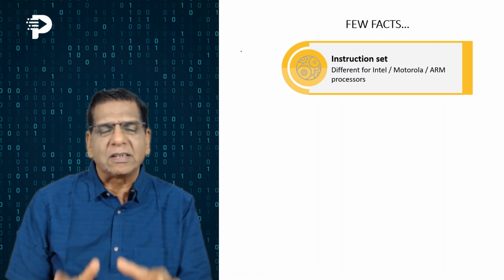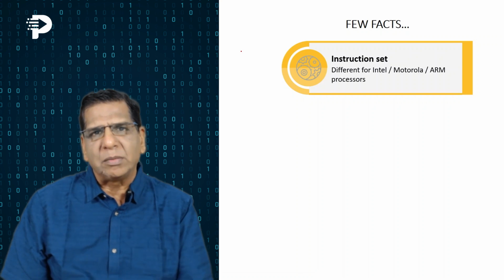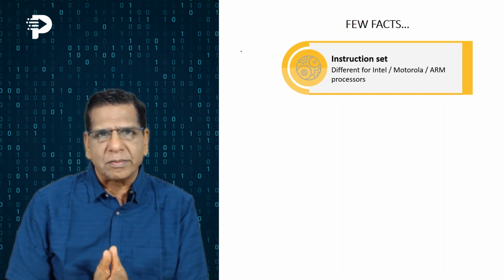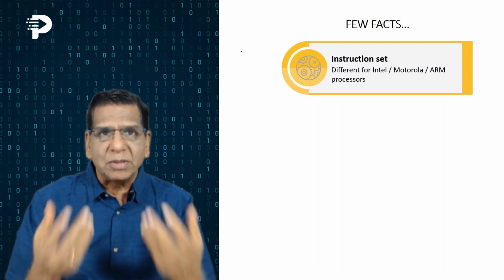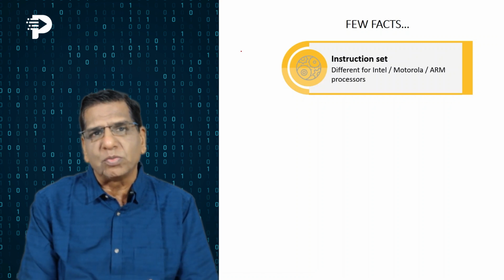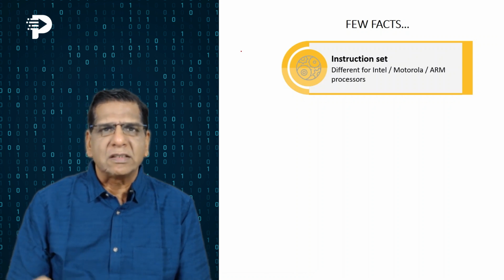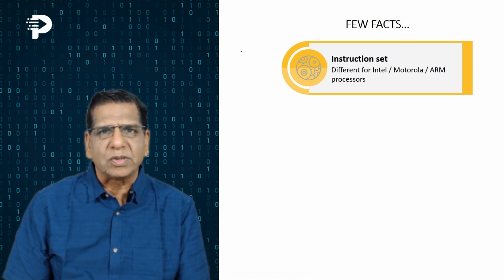When I say that the instruction set is different, I don't mean that the addition and the assignment and the multiplication would be any different across the processor. That would possibly remain same. But then there are some instructions which might be understood by one processor, might not be understood by another processor. So basically, instruction set understood by one microprocessor is likely to be different than the one understood by other microprocessors.